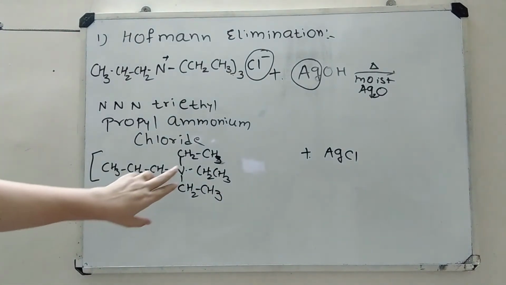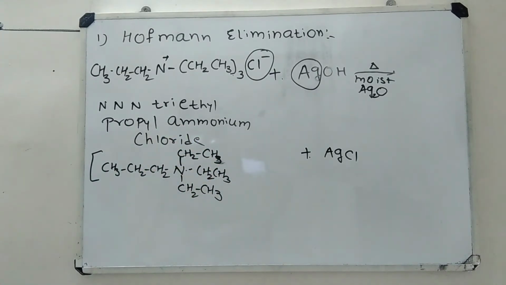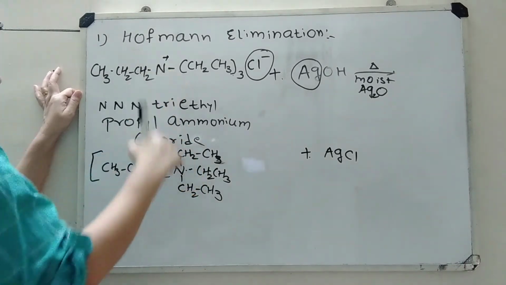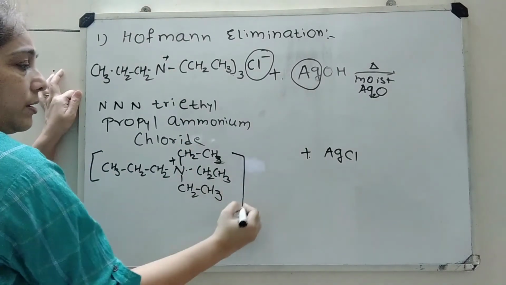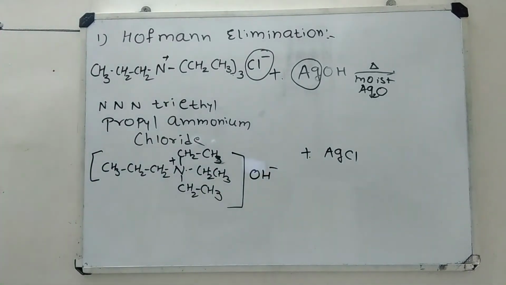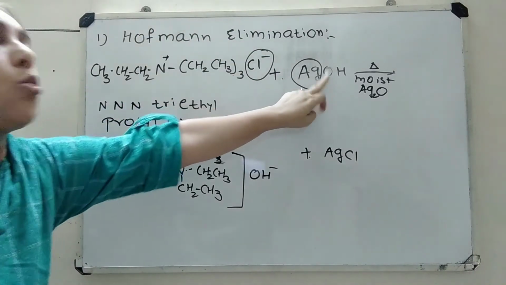So this nitrogen is surrounded by the 3 ethyl groups in this way, and the plus sign is already present, and the OH minus.